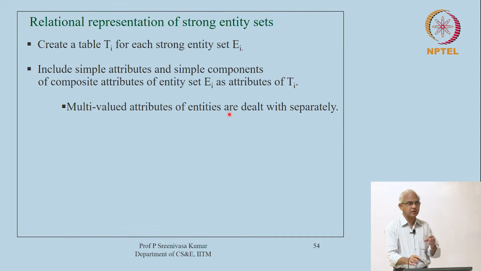So we will now basically ignore that name and then only take L name, F name. If those are the attribute names being used, then we will simply pick up L name and F name as the attributes of the table we are creating. And a little later we will see how exactly to handle multi-valued attributes of these entities.